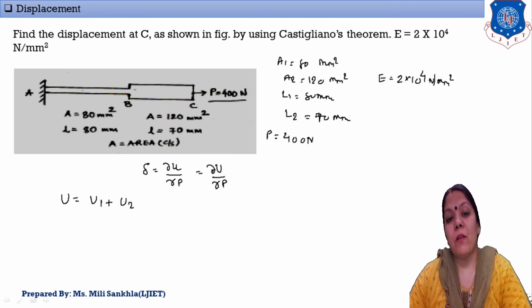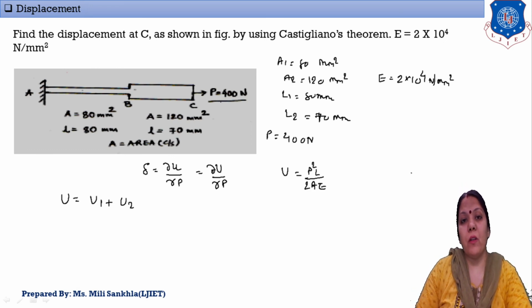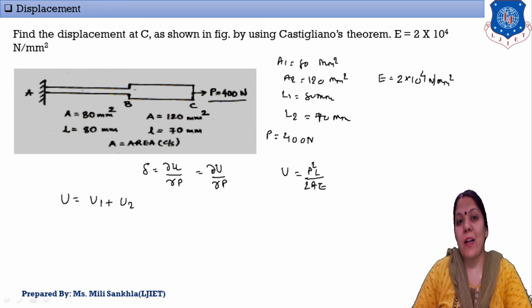Here we use strain energy due to axial loading because a horizontal load is given. The equation of strain energy due to axial loading, as we just derived, is P squared L over 2AE. Because the length of the bar and the cross section area are different, we can't take the limit of 0 to L. Here we add the strain energy of two different parts.